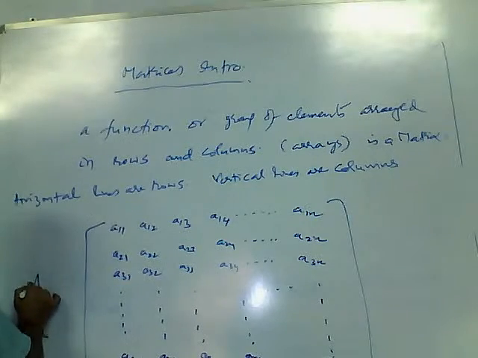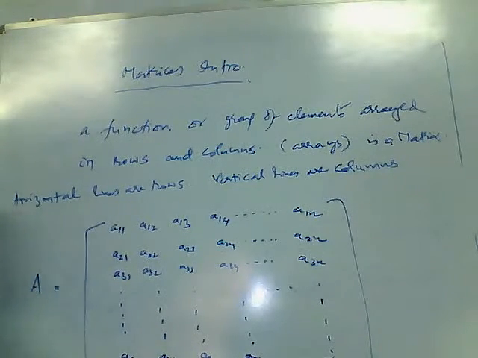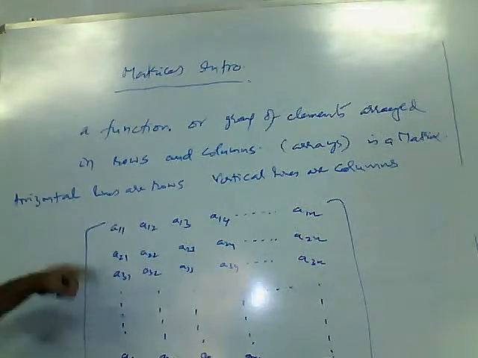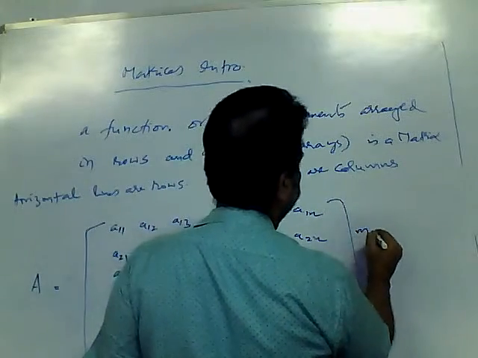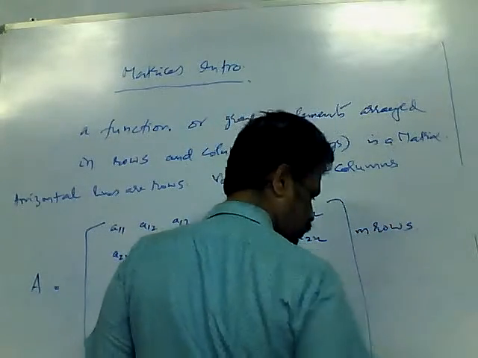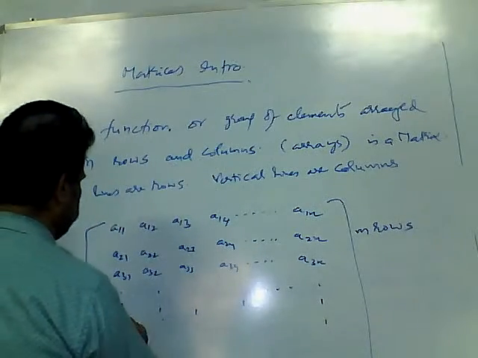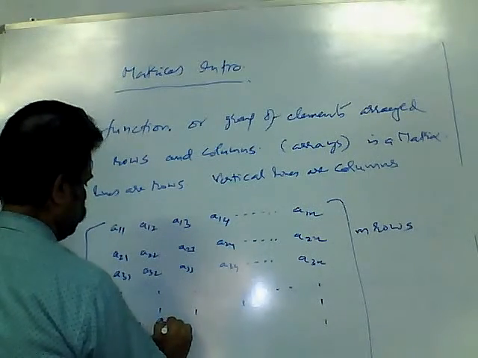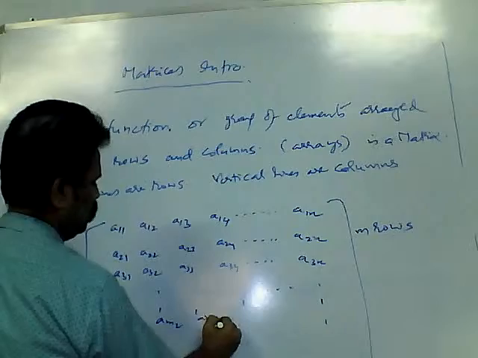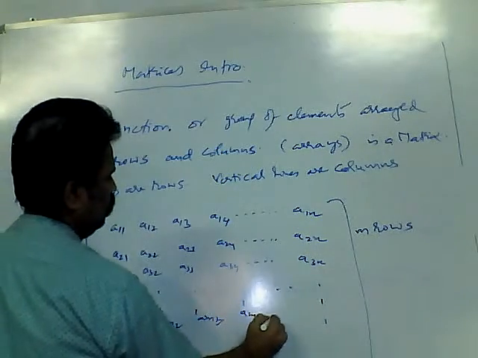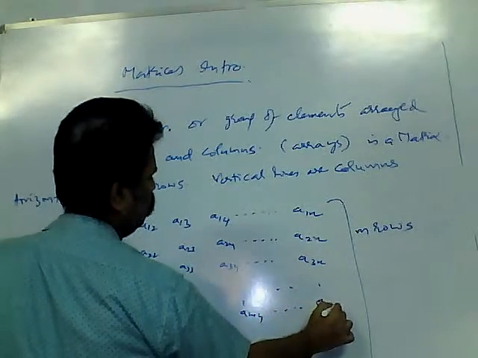This is represented with a capital A, suppose. So this is a matrix A, and how many rows are there? M rows. So I can write this part here, a bit upper: AM1, AM2, AM3, AM4, etc., AMn.